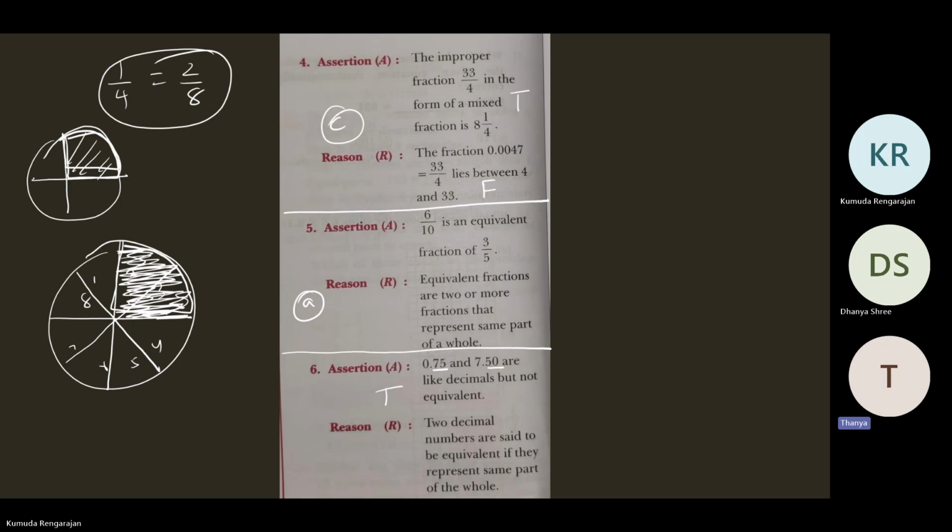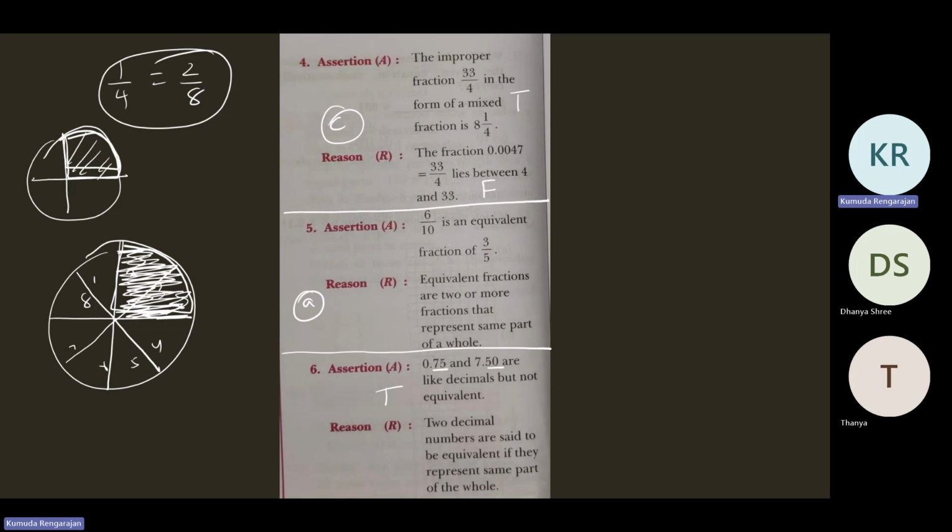So option B. Because in the assertion statement, we have two numbers 0.75 and 7.50. They are like decimals, but they're not equivalent, because they don't represent the same part of a whole. So the two numbers are like decimals, right?